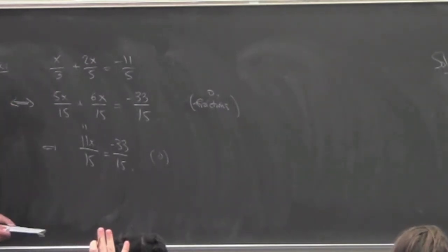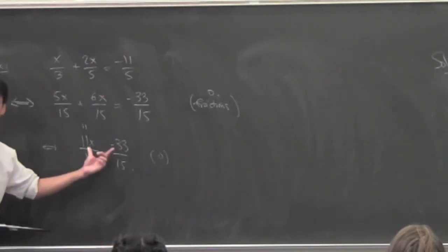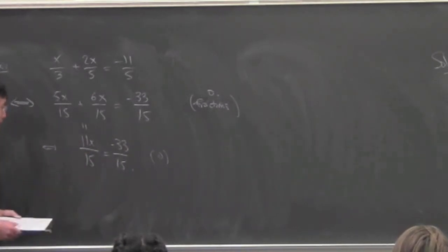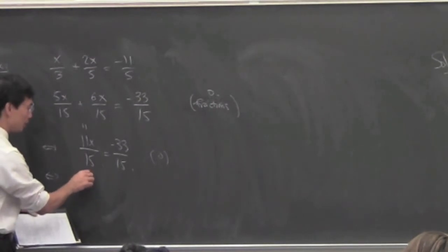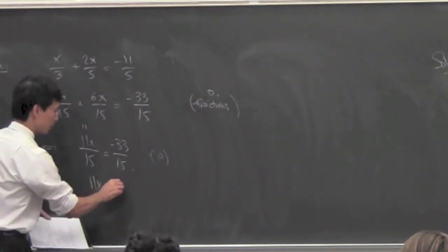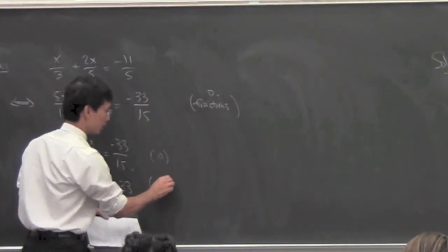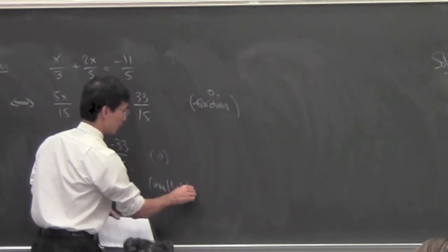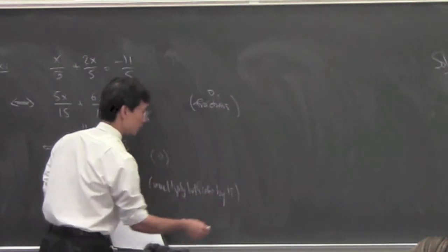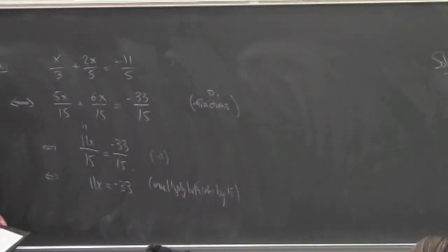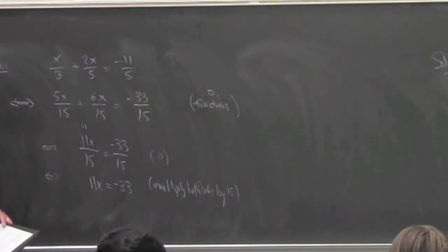Okay, instead of saying cross multiply, I'm going to say that we're going to multiply both sides by the same number. So I'm going to multiply both sides by 15, the same non-zero number, and you just make x equals negative 33 divided by 11.